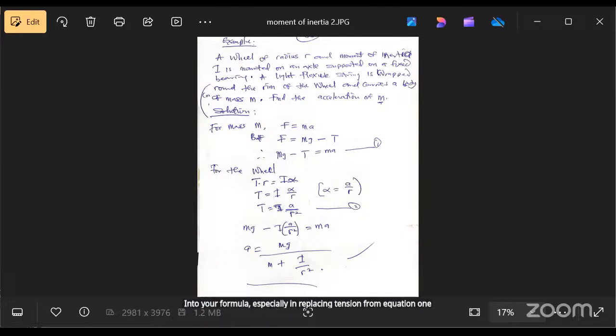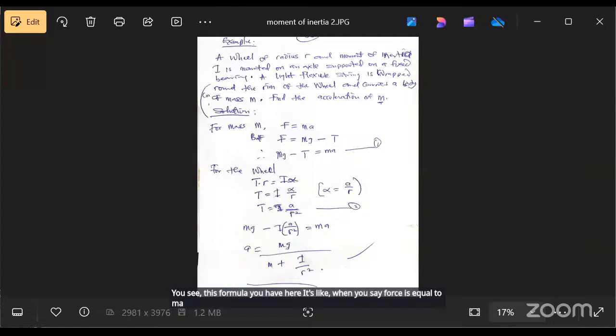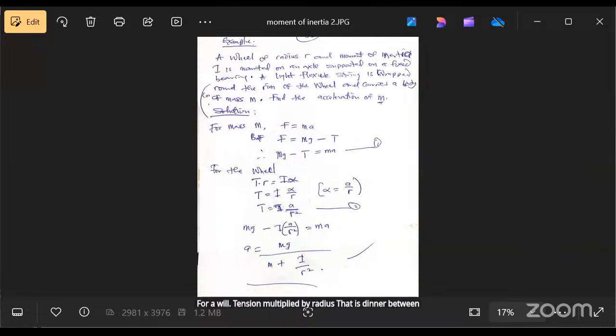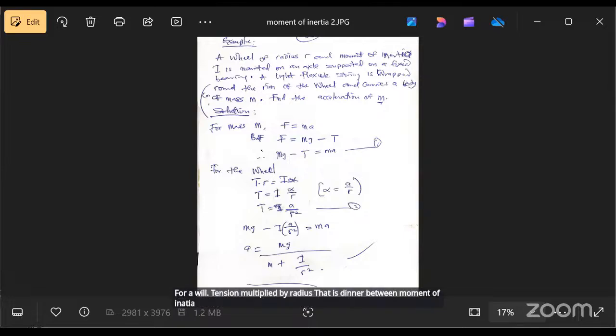And that is why I said we have to go into wheel analysis. You see, this formula you have here is like when you say force is equal to MA. For a wheel, it is tension multiplied by radius, involving moment of inertia, radius, and acceleration.